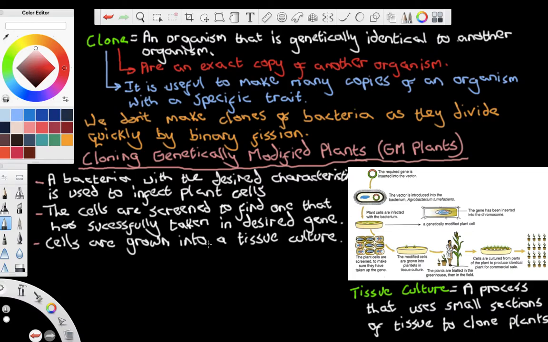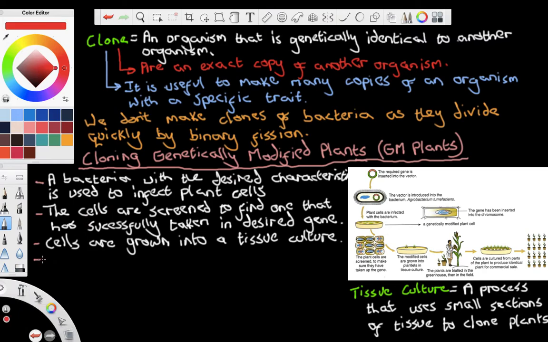So once the cells are grown, we can then take parts off the plants that have the characteristic we want to make copies of lots of new plants. So we can just add here, and I'm going to put it in red so that it's clear.